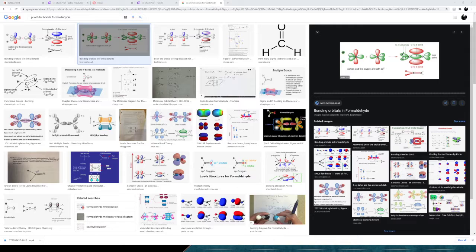We make our single bond between the carbon and the oxygen. Since oxygen is also going to be sp2 hybridized, we have lone pairs in the other hybrid orbitals. And we have this pi bond, which is going to be on top and underneath, made using those p orbitals. They're going to bend towards each other and fuse together and make this sort of pi thing.